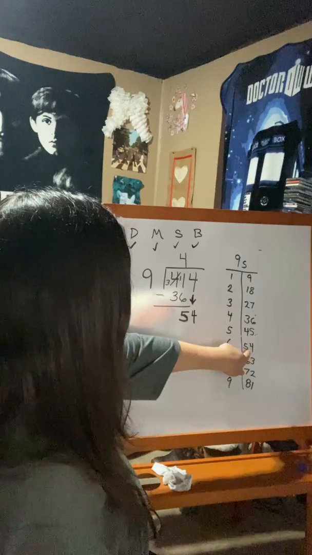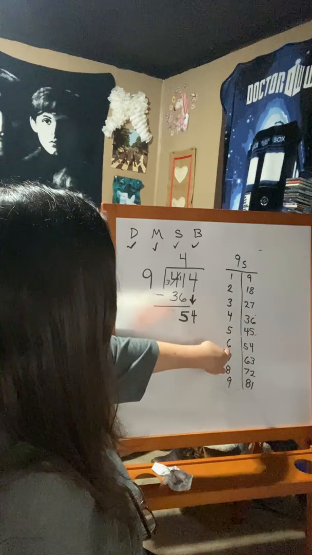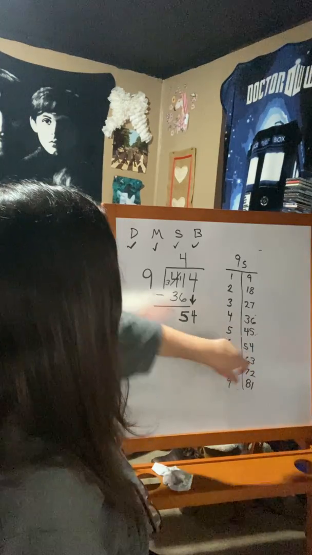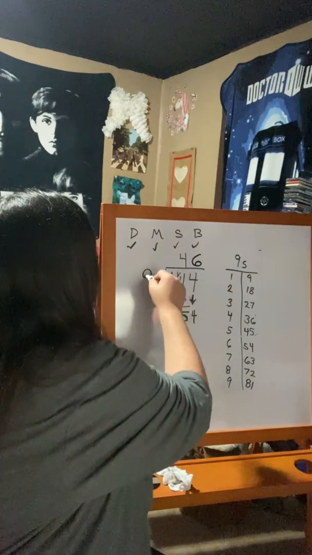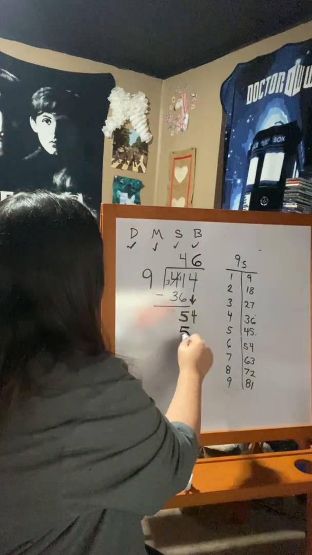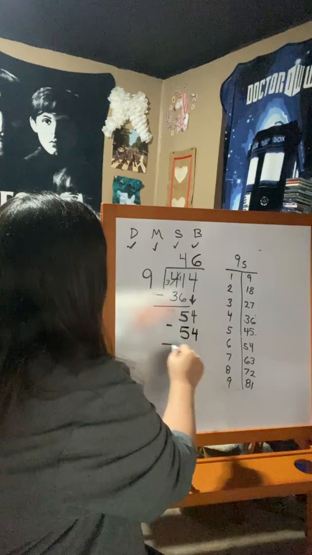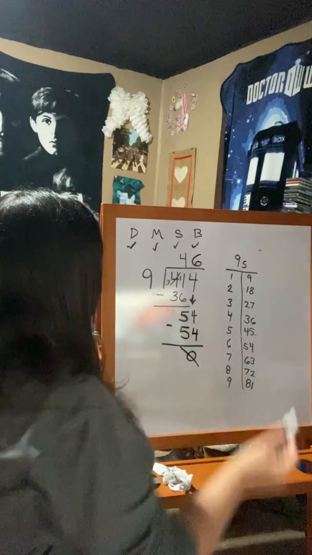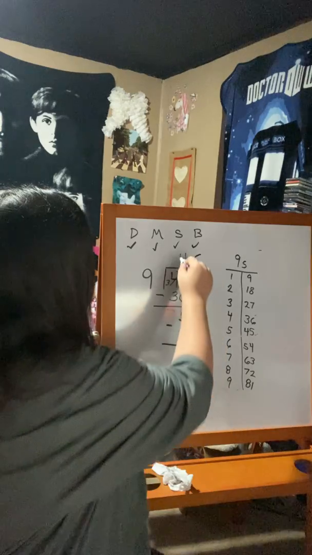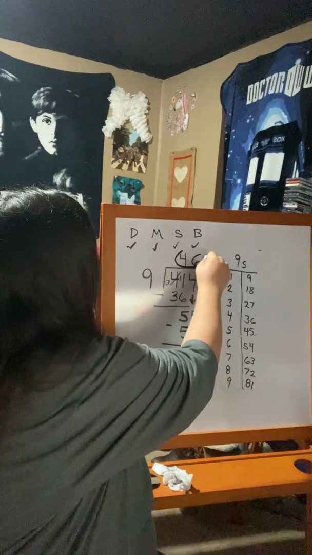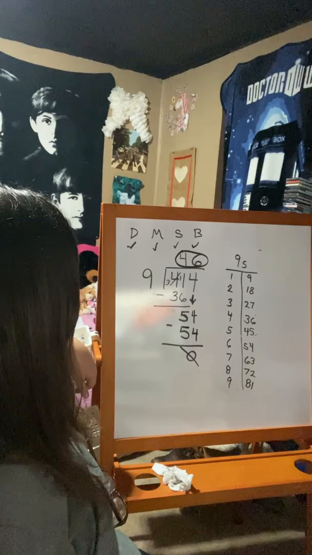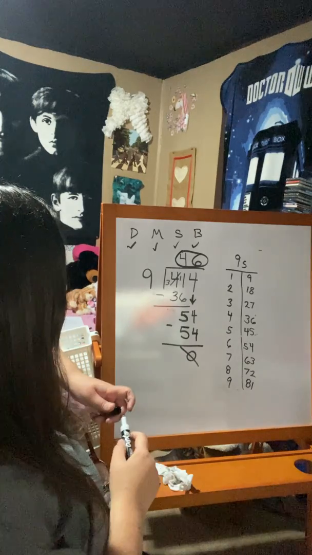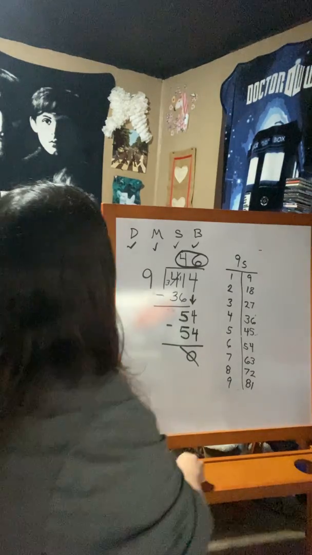Yes, it goes exactly 6 times into 54. 9 times 6 is exactly 54. 6 times 9 is 54. Then subtract. No remainder, 0. So your answer is just 46. And we're done. 46. I guess we could check our answer.